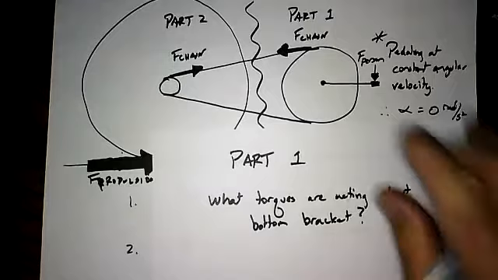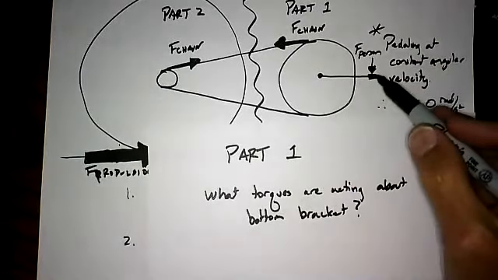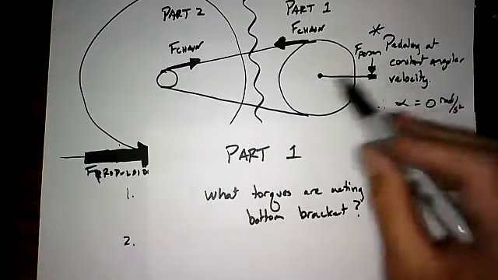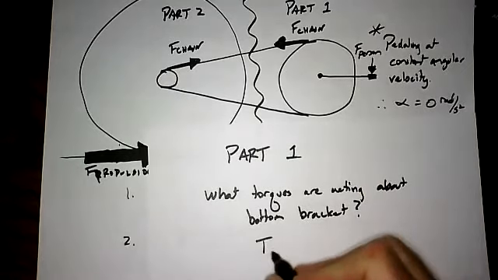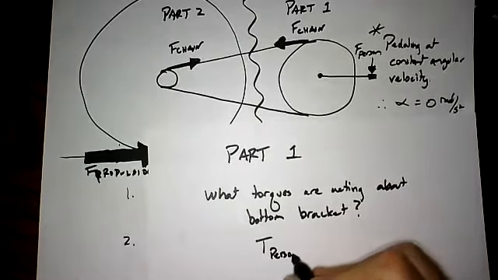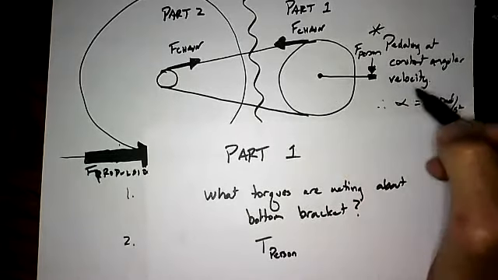To identify that, we just look at our schematic and identify what forces are acting some distance from the axis of rotation. We have torque due to the person, because there's a force acting some distance.